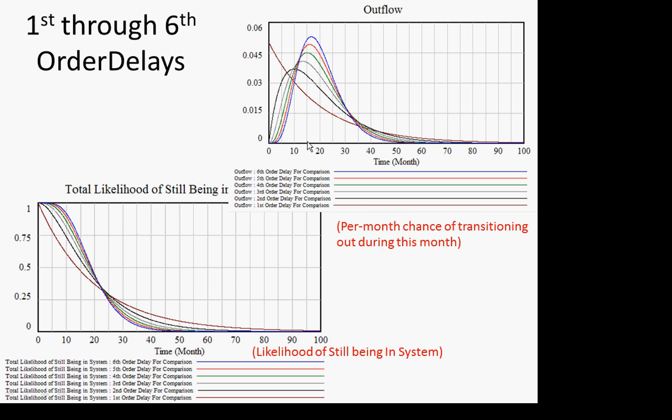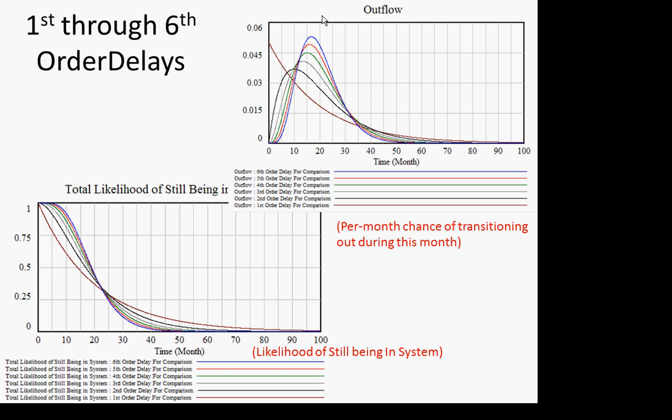In other words, if people were to leave exactly, in this case, I think it's close to 20 time units after, then it would be an impulse. Just, no one would leave before it, and no one would leave after it. They'd all leave at time 20. And that's what these are approaching eventually. But we are stringing them together in longer and longer series, so going from second to third, etc.